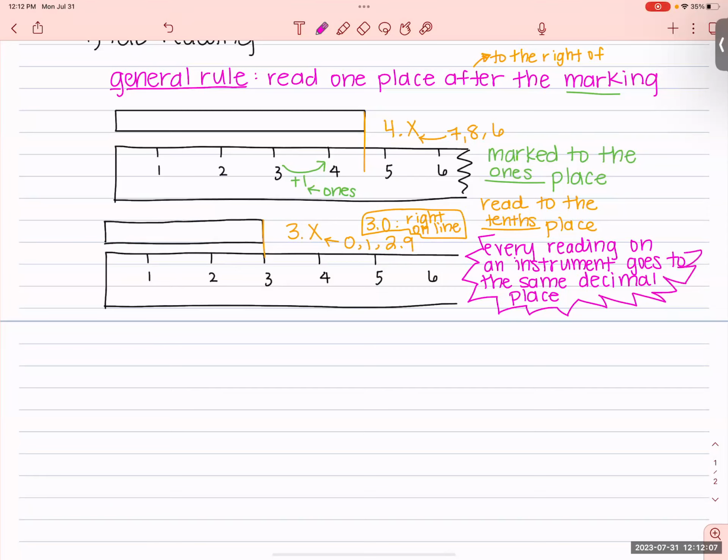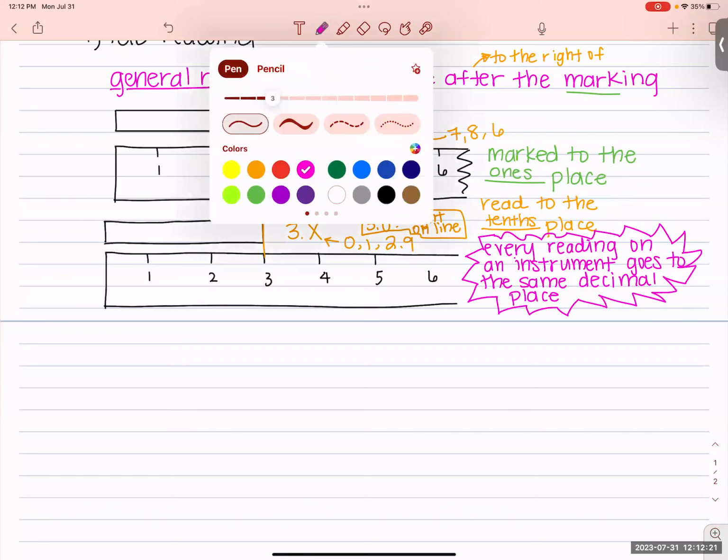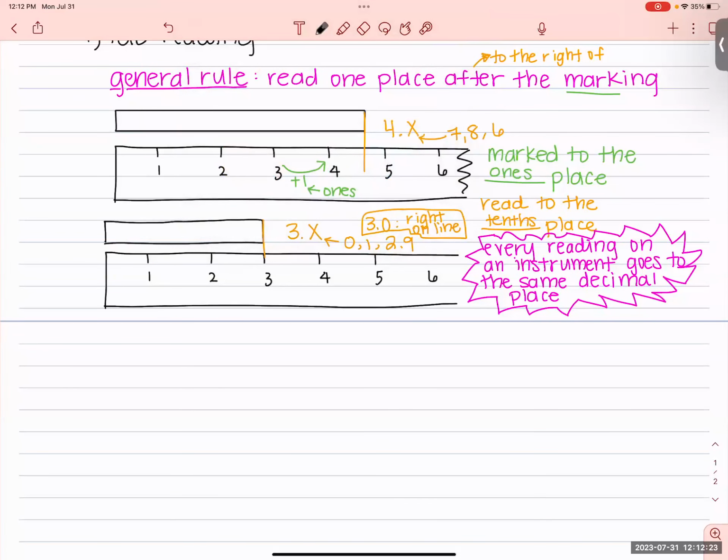So if you're not sure how to read something that's right on a line, just ask yourself, well, what would it be if it were in between lines? Then that'll tell you how many decimal places that you need to have. You'll have a lot more practice with this in lab. There's practice in the text as well.